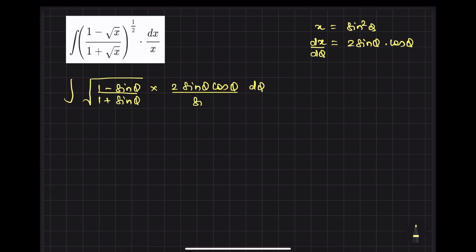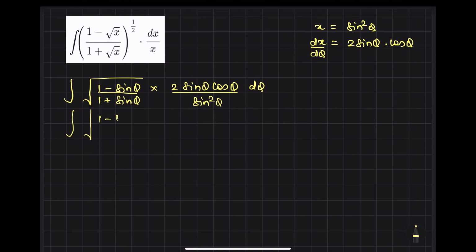So in place of x can we write sin square theta. Okay, so this is done. Now what we have to do, we have to get rid of this square root. Okay, so what we will do, I will go for rationalization.